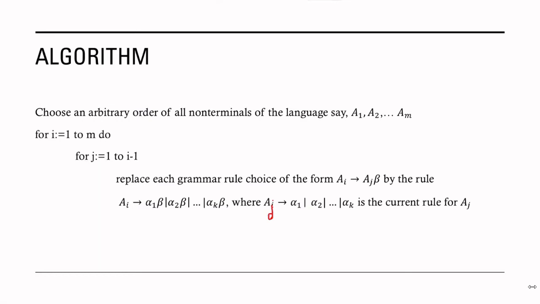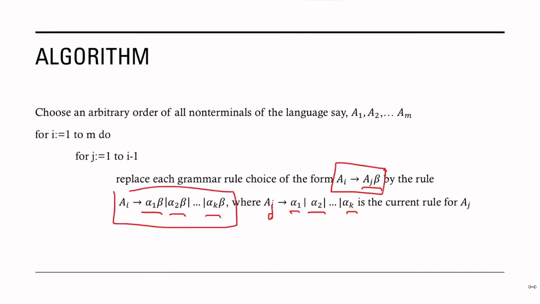That means basically what we're doing is we are replacing the variable AJ with its productions. So the first instance here would be replaced by alpha 1 beta, because AJ derives alpha 1, then alpha 2 beta, and so on up to alpha k beta. So this production would be replaced by this production. Okay, so this is the algorithm.